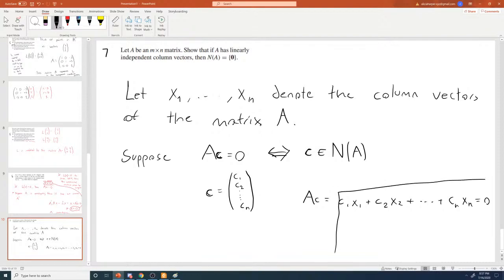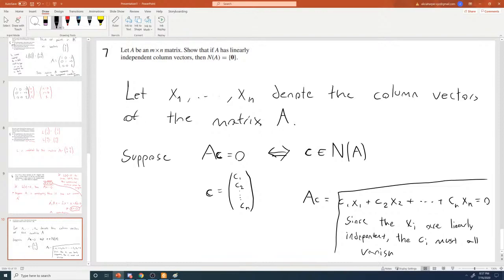Now, since the xi are linearly independent, the ci must all vanish. Because you have to recall the definition of linear independence is that whenever you have a relation like this, it implies that these coefficients c1, c2, all the way through cn, are all equal to 0.